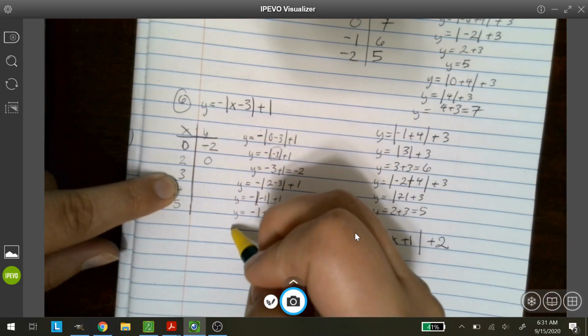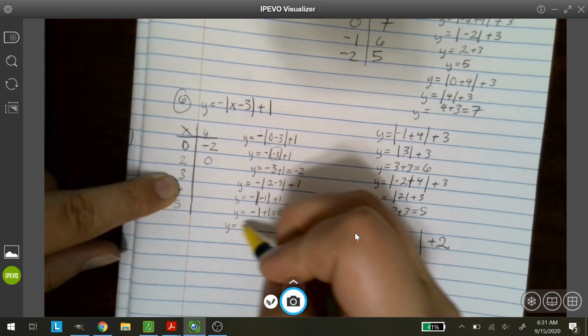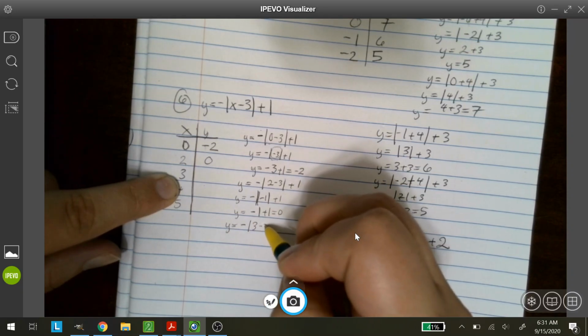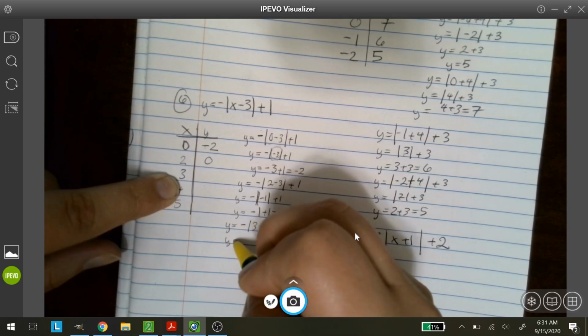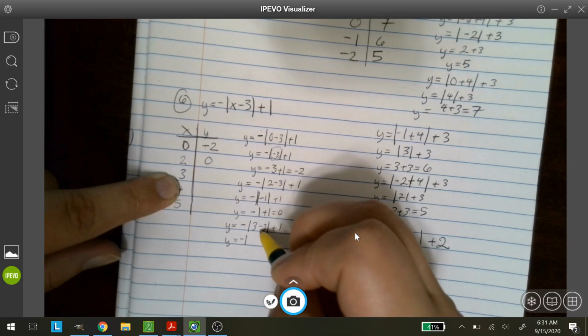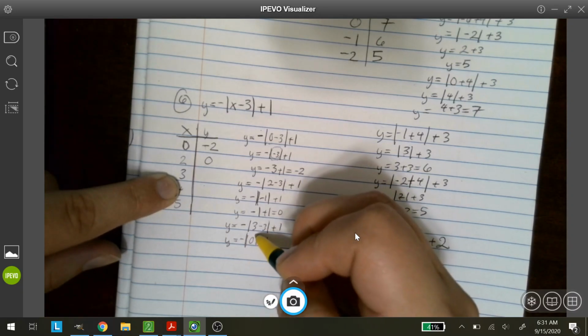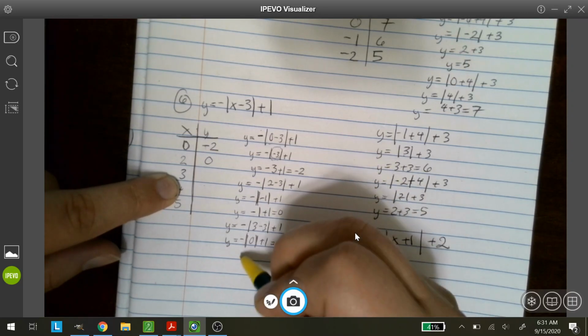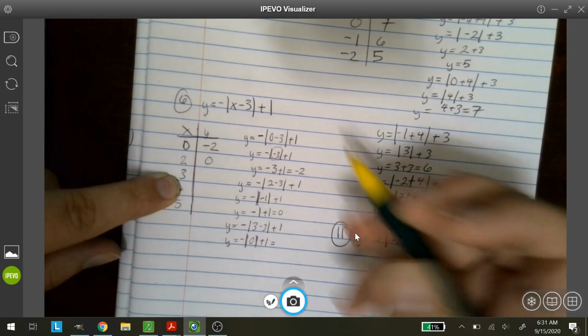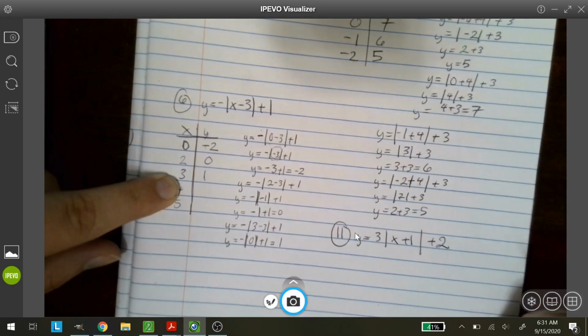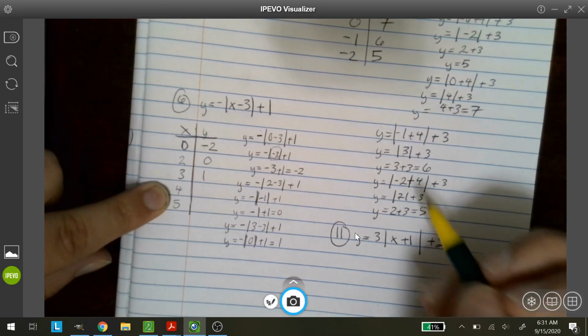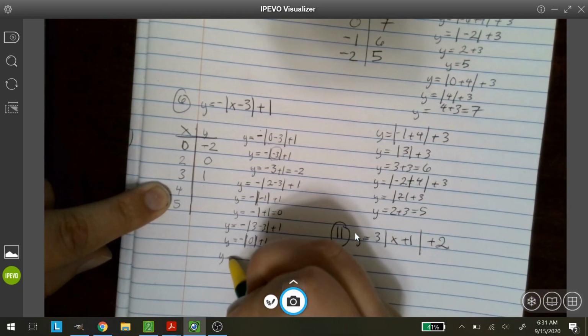Let's go 3. Three take away 3 is 0. That looks like 101. I'm sorry, that's an absolute value. So you can't have a -0, it's just 0. So this is just 1. Let's go 4.